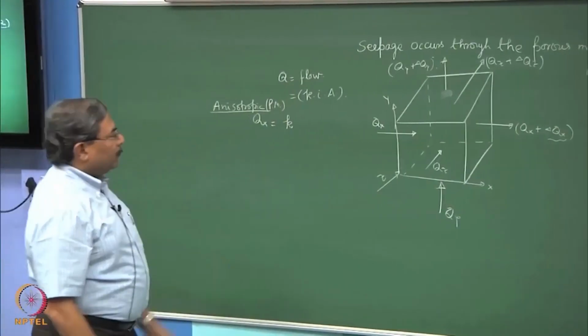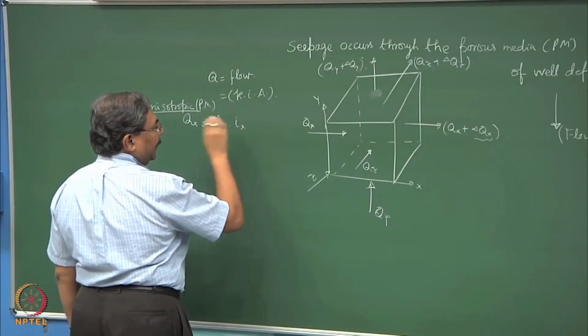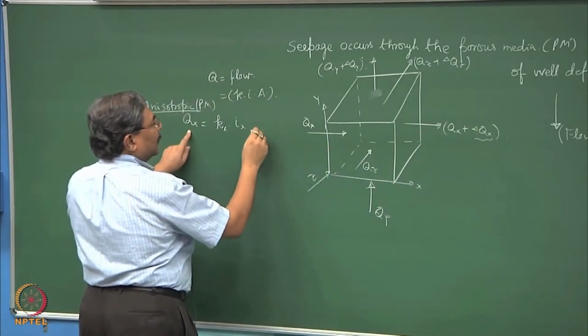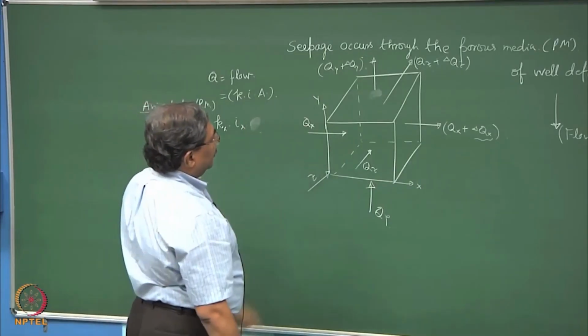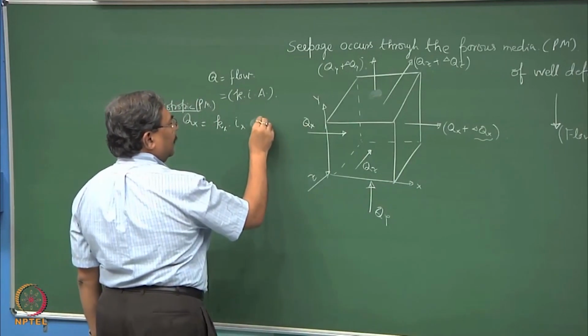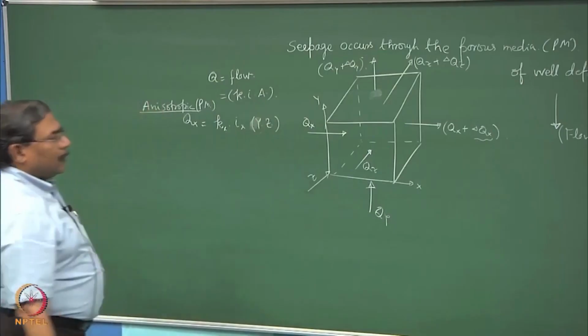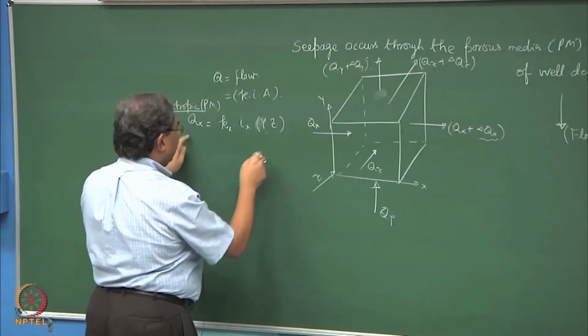So, the Qx will be equal to Kx into Ix into the area through which the x flow is taking place. So, if I consider the dimensions as y and z, this is the area of cross section through which the Qx is taking place.